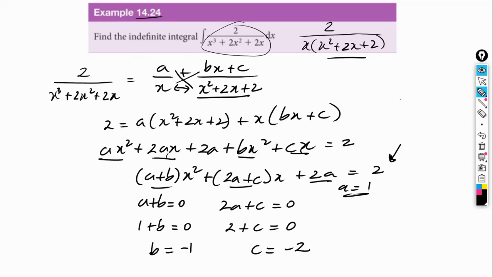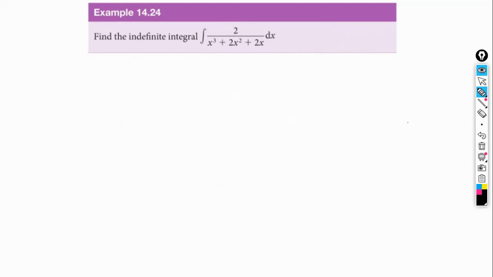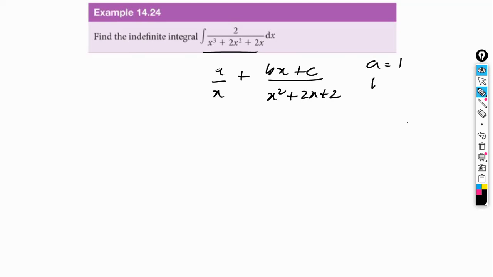And now we're ready to substitute and solve the indefinite integral. So we said before that this expression here could be rewritten as a over x plus (bx plus c) over (x squared plus 2x plus 2). But we already found that a is equal to 1, b is equal to -1, and c is equal to -2.